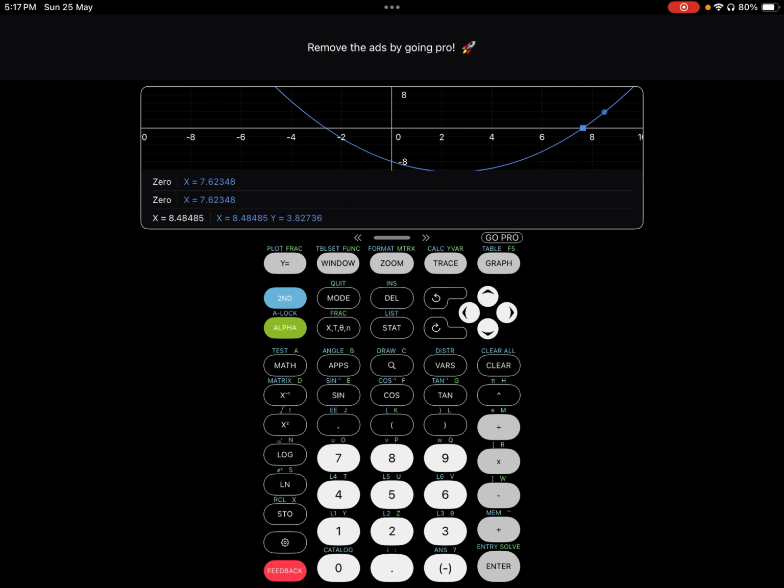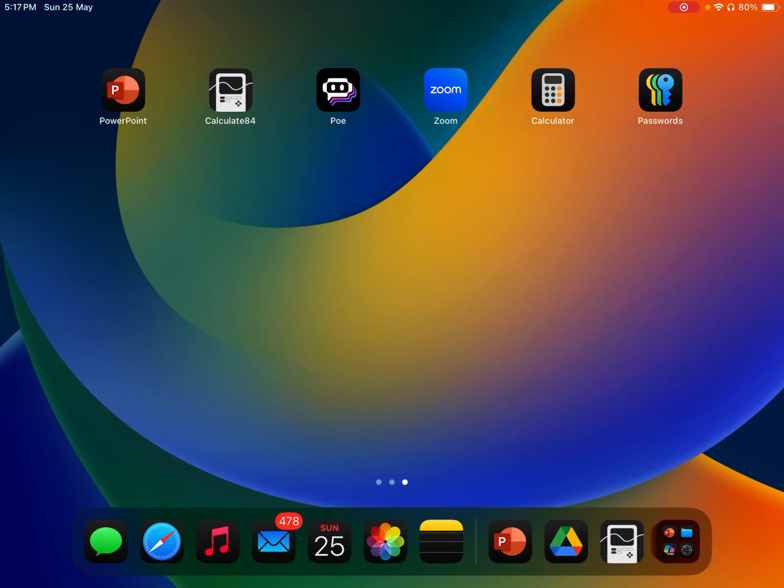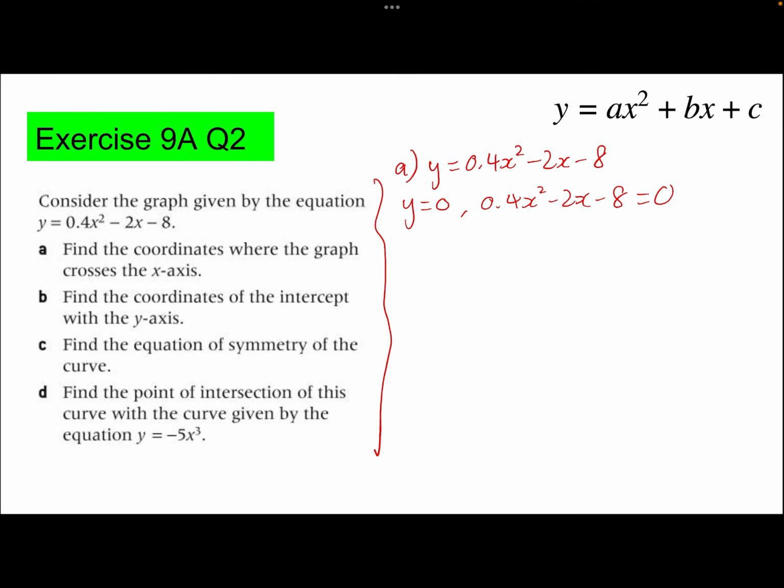Press enter. So you're going to get one of the zeros to be 7.62. I'm going to write the answer first here. So in this case, the coordinates will be 7.62 and 0.